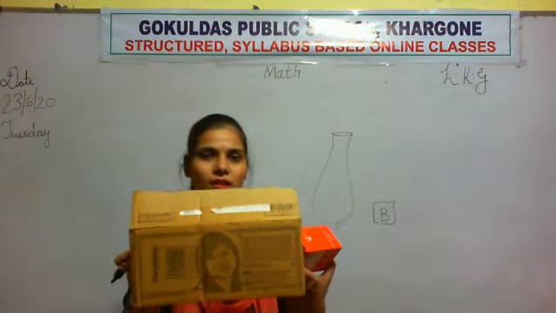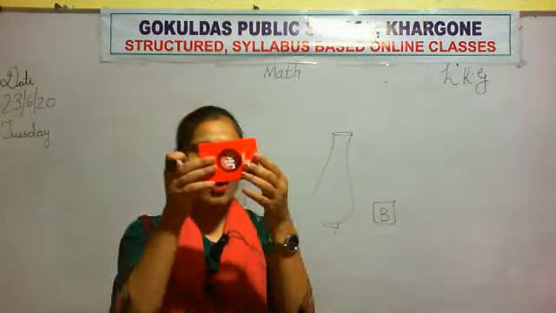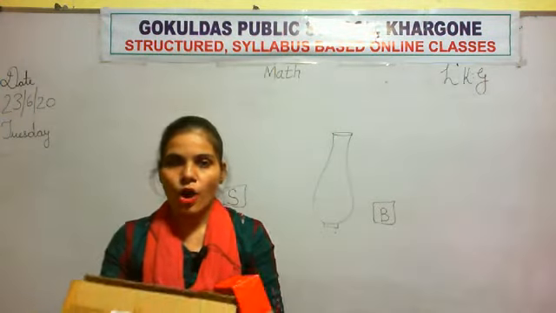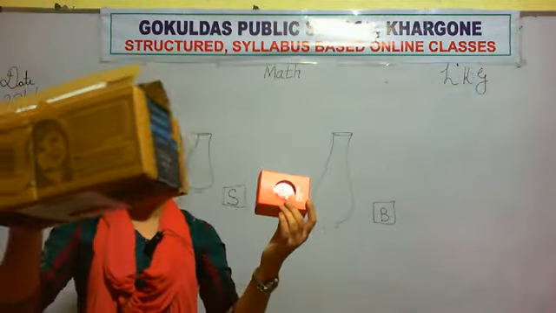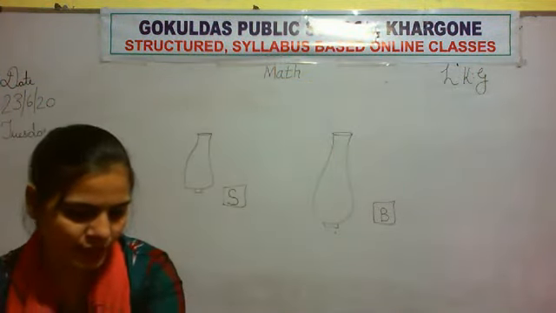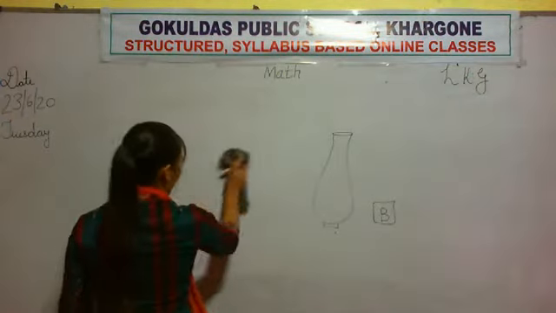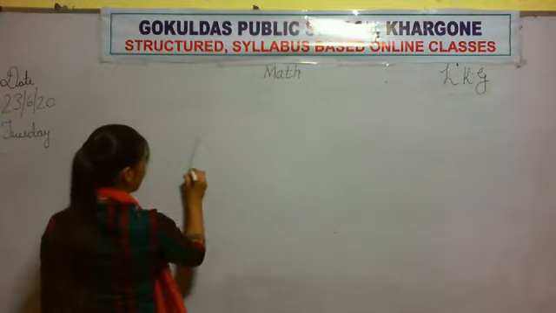This one is a big box and this one is a small one. So according to their sizes, big, small. Okay, I will draw here a big box and a small box.